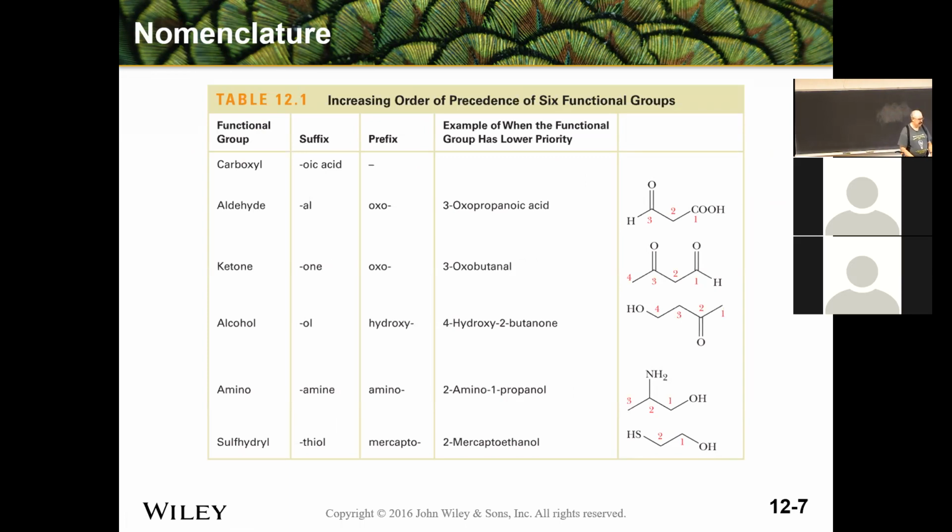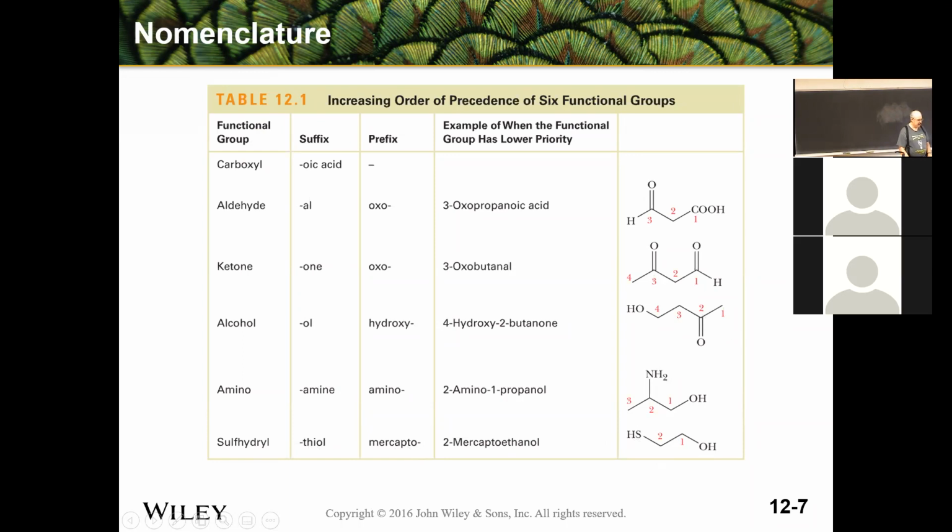Okay, so here is a chart of the priorities. Okay, the sulfhydryl or the thiol group down here at the bottom, if it is the dominant functional group, then the suffix is thiol. If it's not, then we use the prefix mercapto. Okay, so this is 2-mercaptoethanol.